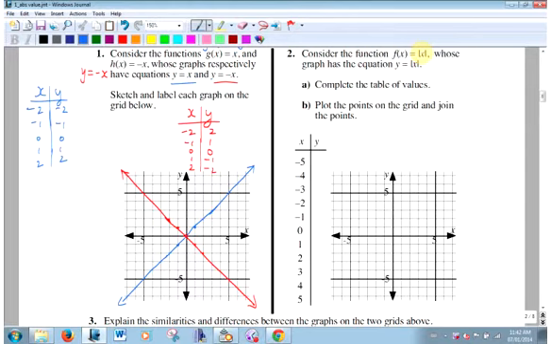What's the absolute value of minus 5? How far is minus 5 away from 0 on a number line? 5 units. How far is negative 4 away from 0 on the number line? 4, 3, 2, 1, 0. The absolute value of positive 1, how far is 1 away from 0? 1, 2, 3, 4, 5.